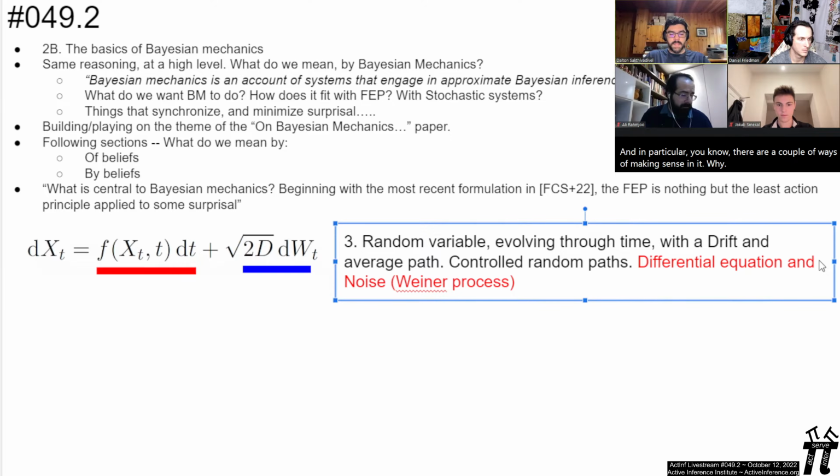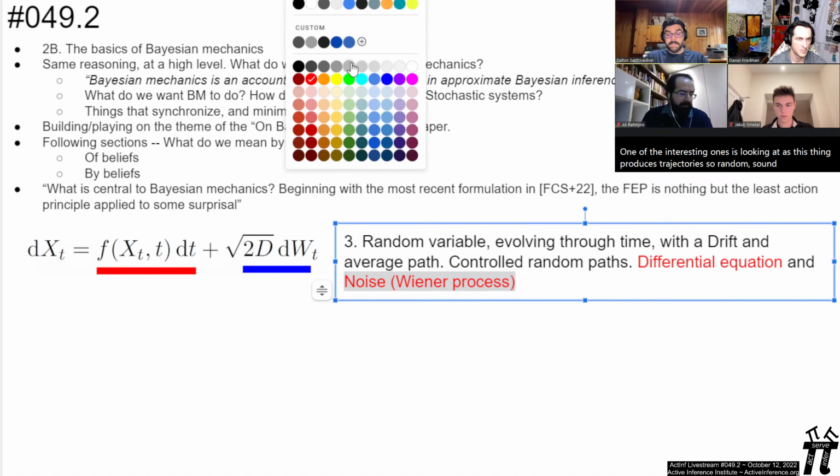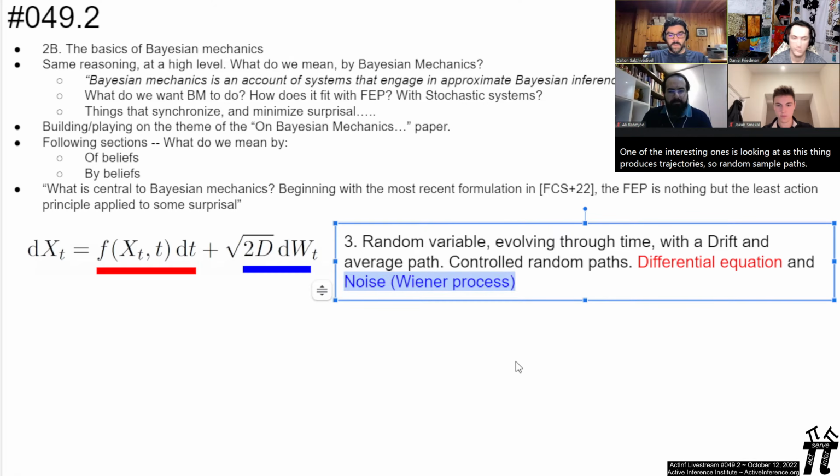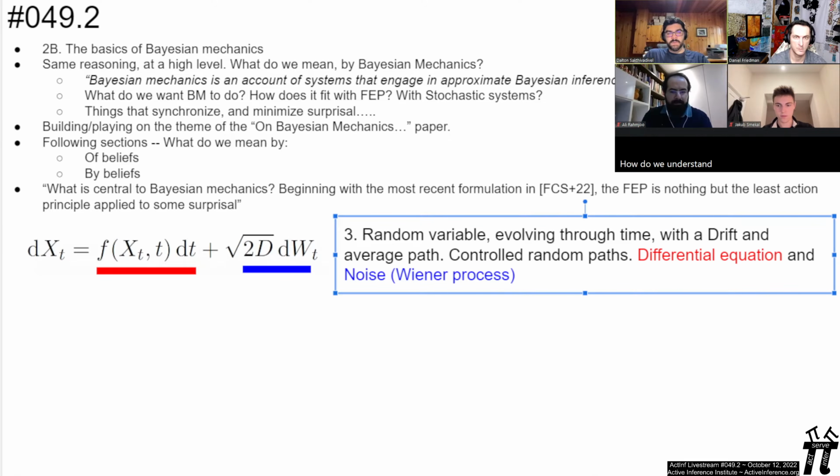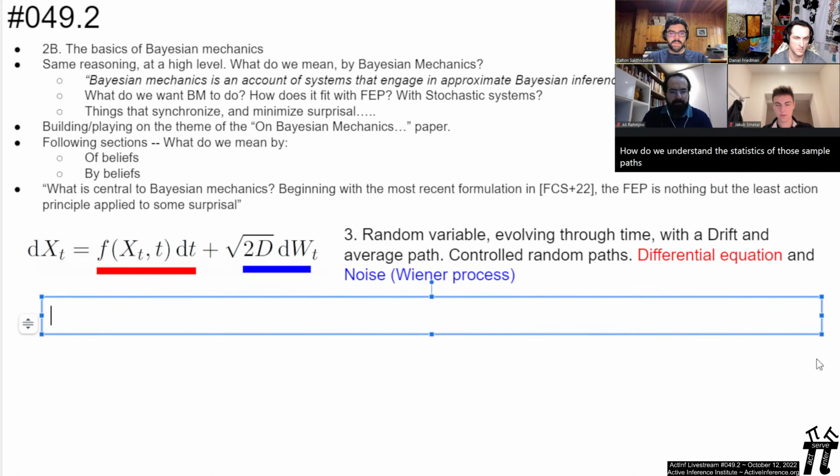One of the interesting ones is looking at, as this thing produces trajectories, so random sample paths, how do we understand the statistics of those sample paths and thereby understand something about what the system is doing at an ensemble level?